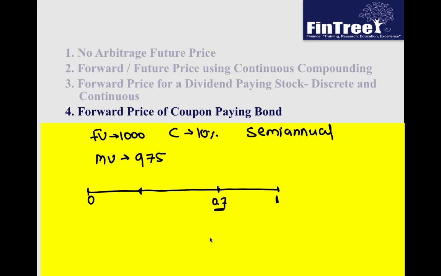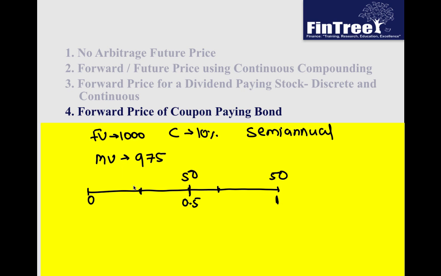I'm so sorry, that's a mistake. Here is how we can structure the question. We are expecting not a dividend but a coupon of 50 at time 0.5, and we are expecting one more of 50 at time 1.